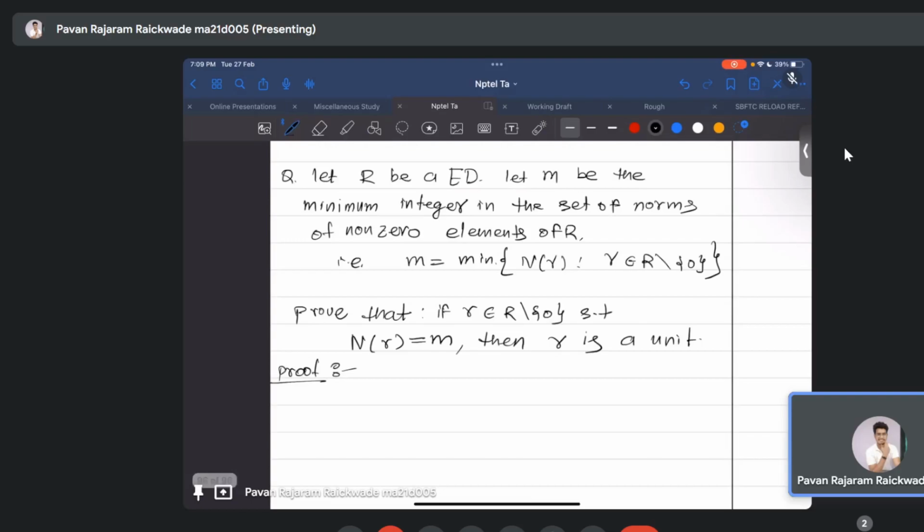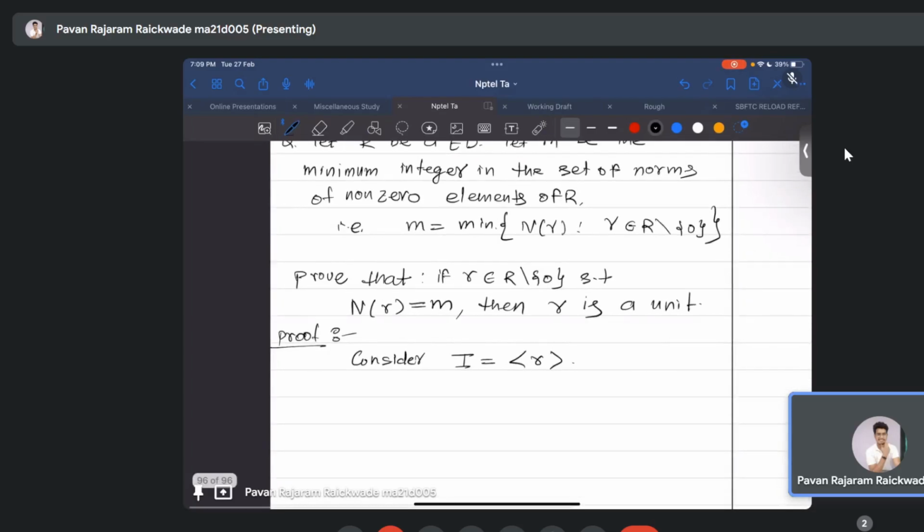Consider the ideal generated by a. If I show that this ideal is the whole ring R, then I'm done, and a will be a unit.